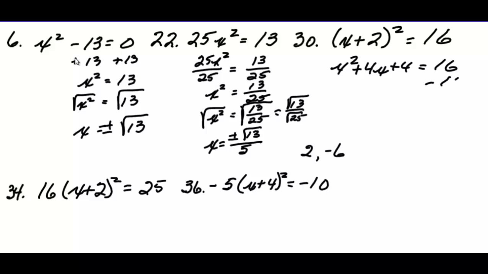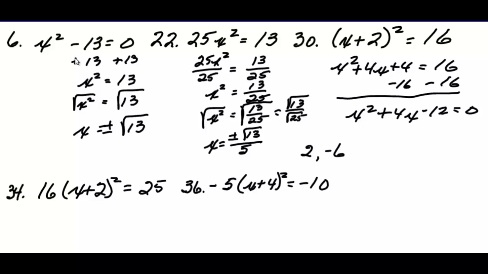If we subtract 16 from both sides, what we end up with now is x squared plus 4x minus 12 equals 0. And in fact, we've had some problems like that in the past.